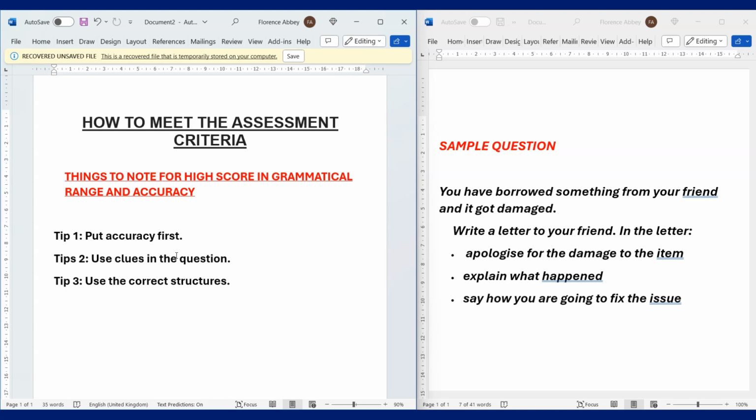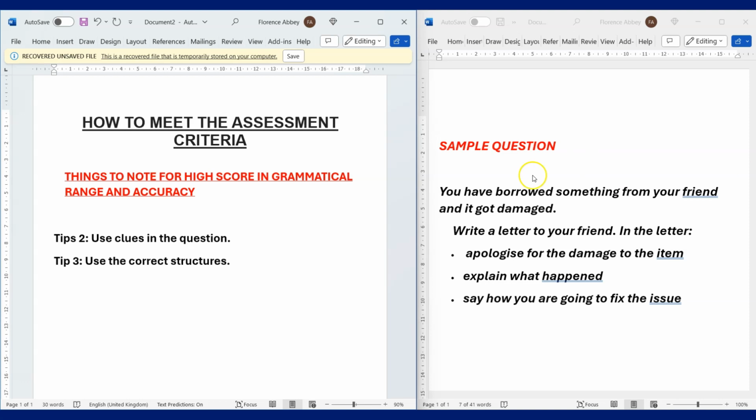Now, the second thing that you need in the grammar is the use of clues in the question. The most important thing that you need to use is the correct verb tenses, whether you are going to use present tense, past tense, or future.